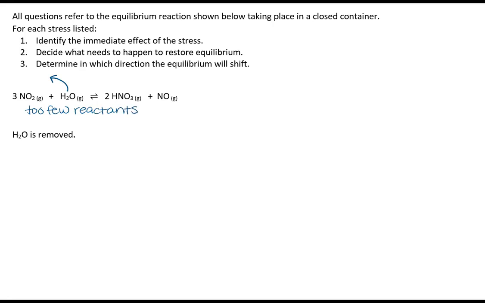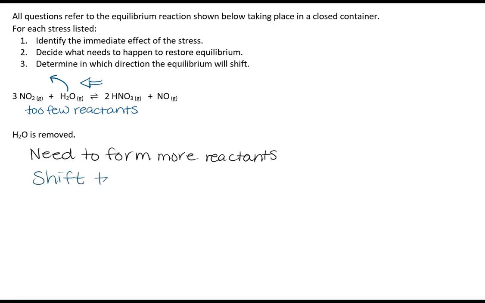If we momentarily don't have enough reactants, then we need to form more reactants. And in order to do that, the equilibrium will shift towards reactants, or will shift to the left.